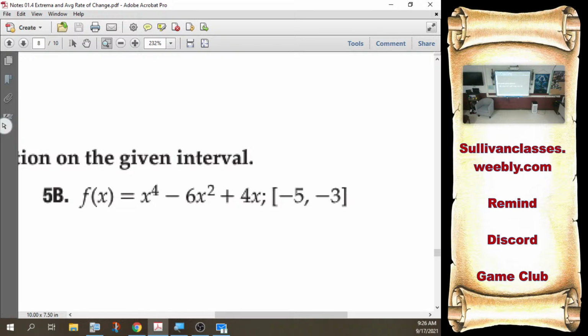So from negative 5 to negative 3 on this ugly polynomial, what is the average rate of change? Like if you're finding the fuel economy of your vehicle, you get an average number from 0 gallons, 0 miles, to 321 miles and 17 gallons.